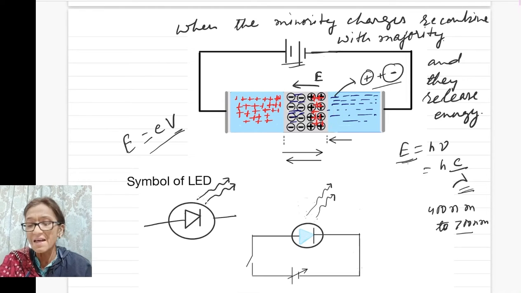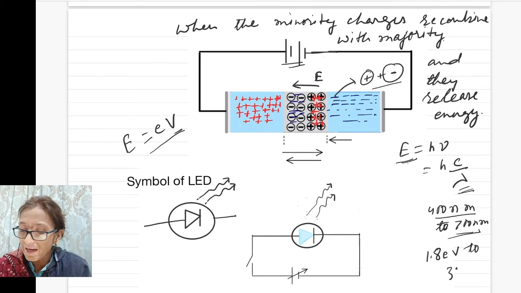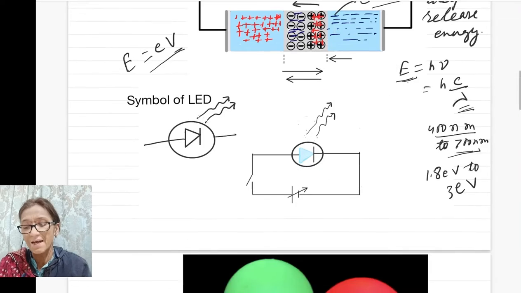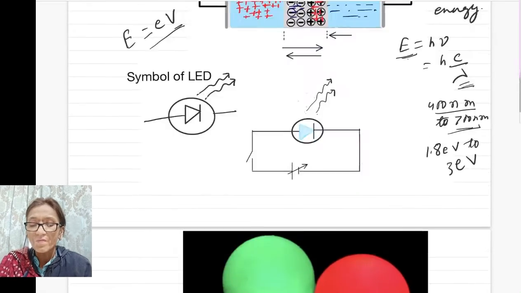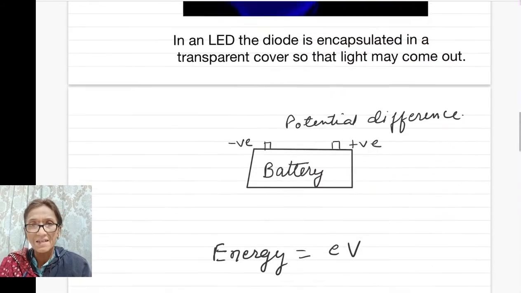And if it is increased to a range from 1.8 electron volt to 3 electron volt, then the released energy can come out and we can see it through this window. So this is your LED. Now, it is encapsulated in a transparent cover.